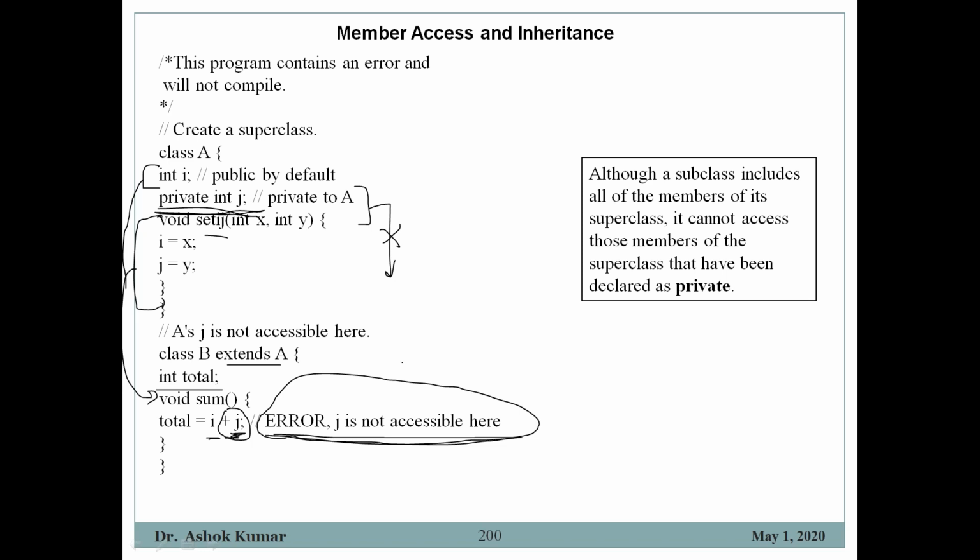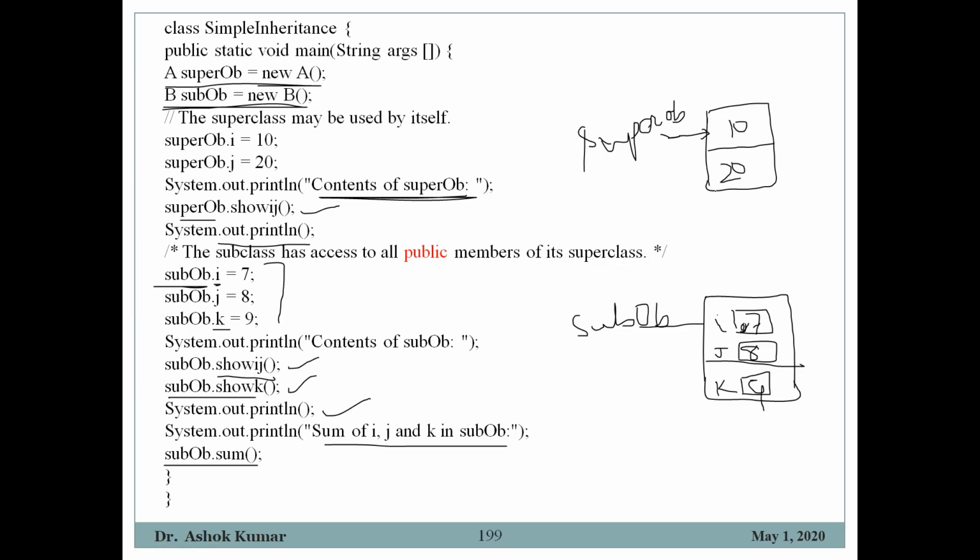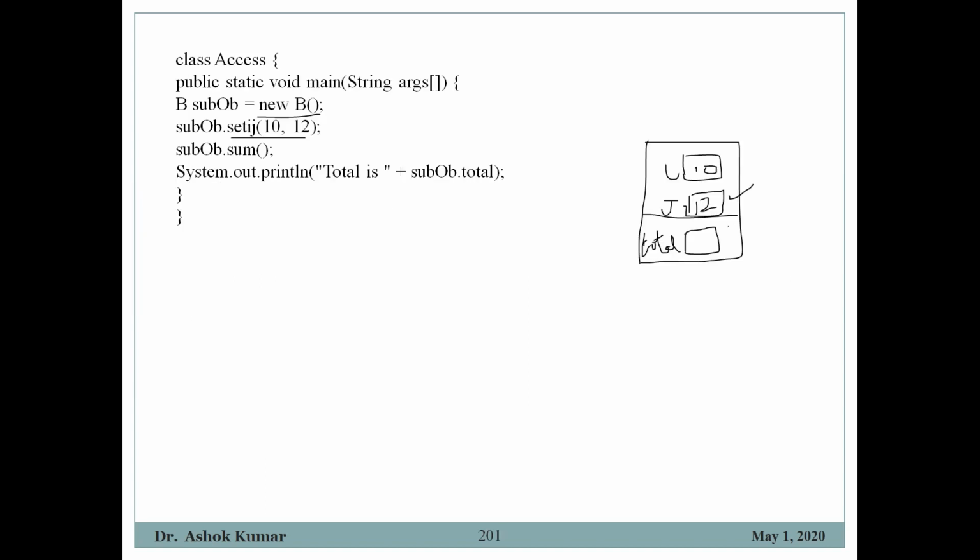This does not get inherited into B. That means if in any subclass method you use j, that will give you the error, because this method belongs to the superclass. So in this method, j will be accessible. So we are assigning value to the j member through that superclass method set ij. Now this object has the reference sub, it's the name of the object.